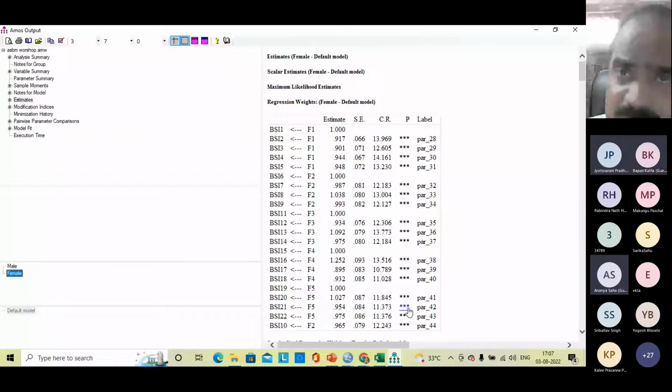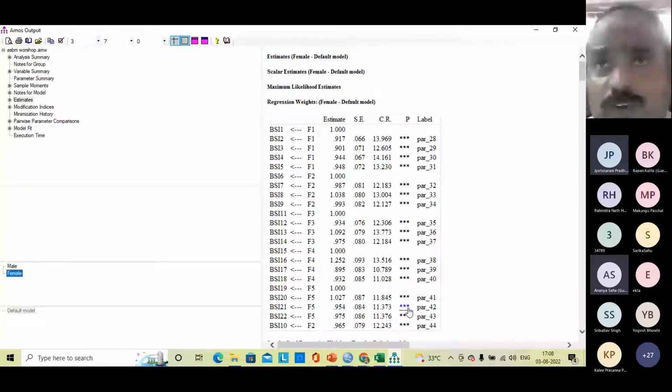The measurement indicators are not significantly differing in measuring the construct over male and female. This is the initial inference, but not the conclusion.